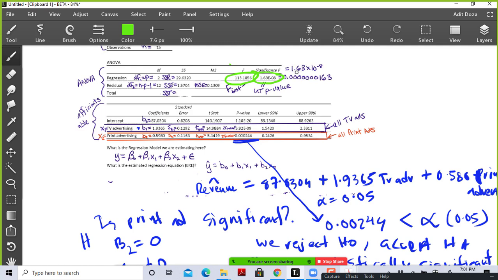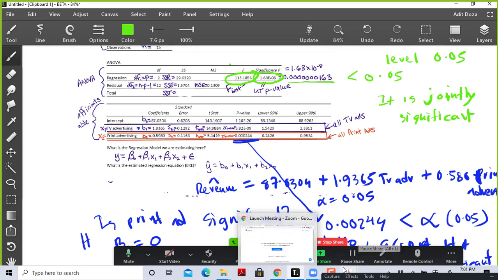It's very small, like 1.63 times 10 to the power negative 8. This value is really small, and let's say I give you the level of significance 0.05. Of course, our value is less than 0.05, so it is jointly significant. So I can ask about joint significance as well. Thank you, Hillary, for answering.